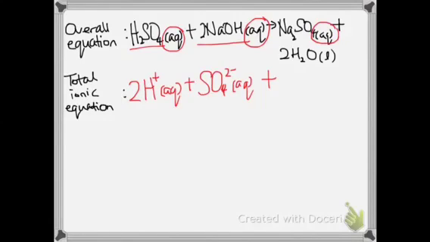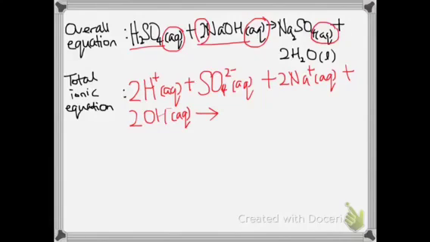Next, for sodium hydroxide, remember the coefficient here is 2. So therefore it will release 2 Na+ (aq) plus 2 OH- (aq), and that's it for the reactants.